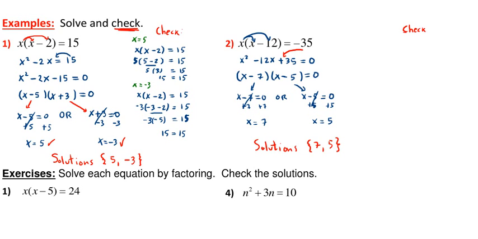We want to make sure that both solutions are correct. So we are going to start by checking x is equal to 7. Write the original equation, which is x times x minus 12 equal to -35. Replace all the x's by 7 in this case.